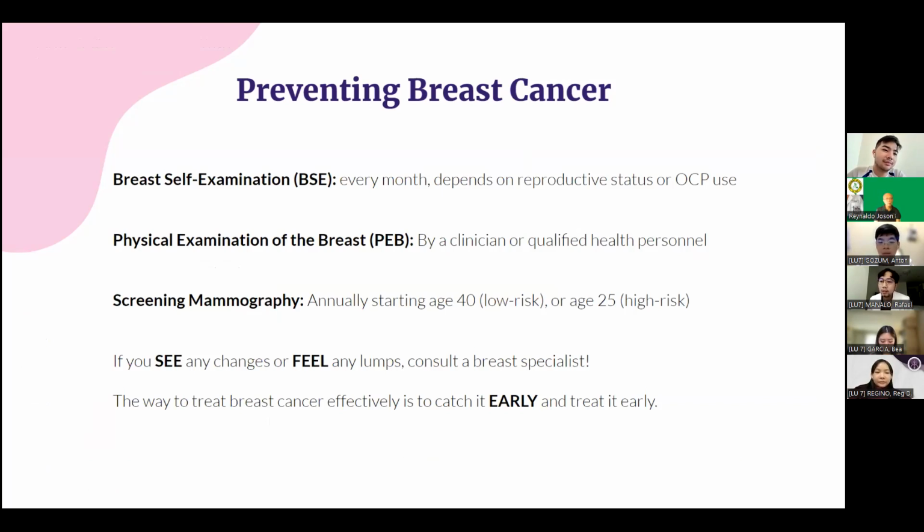And the patient, aside from that, can also undergo screening mammography annually, which usually starts at age 40 for low risk or age 25 for high risk patients. And we can tell them that if you see any changes or if you feel any lumps, that you consult a breast specialist, because even to this day, 2023, the best way to treat breast cancer effectively is to catch it early and to treat it early.